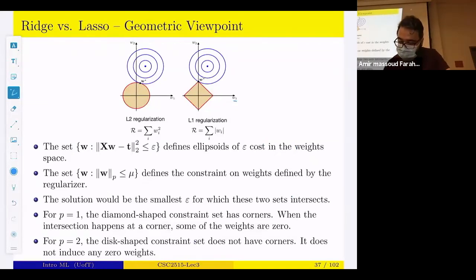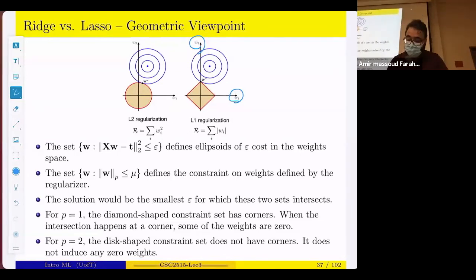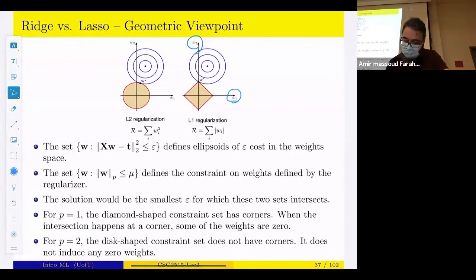Here, W1 and W2 are the weights of our model, so this is a weight space visualization. We have the set of weights where xw minus t squared, the cost function, is smaller than some epsilon.